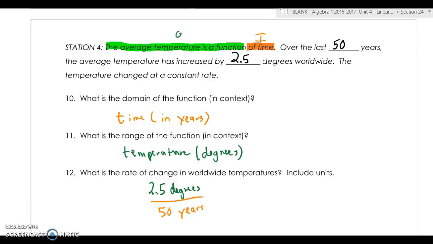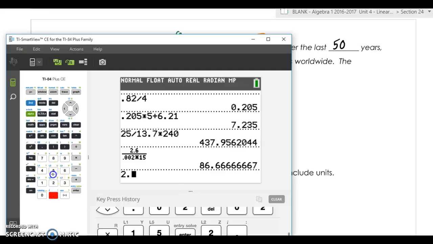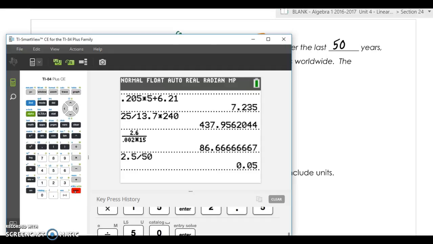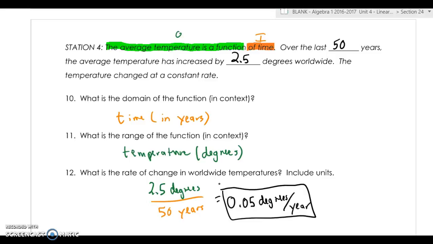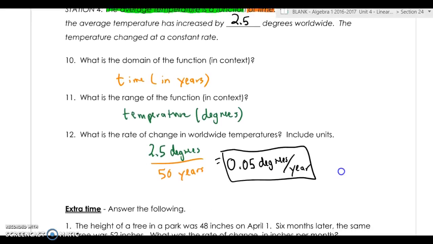So when we divide those, and I'm just going to double check with my calculator here, 2.5 divided by 50, I get 0.05 degrees per year. So that's my rate of change of the temperature over the last 50 years for the average temperature globally.